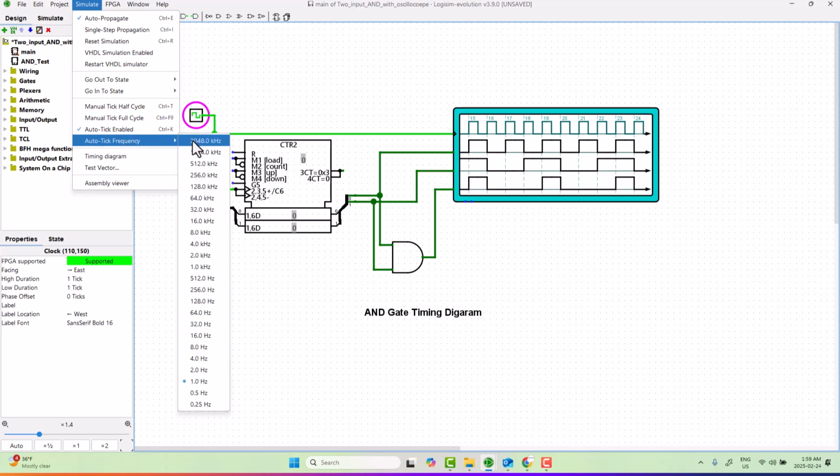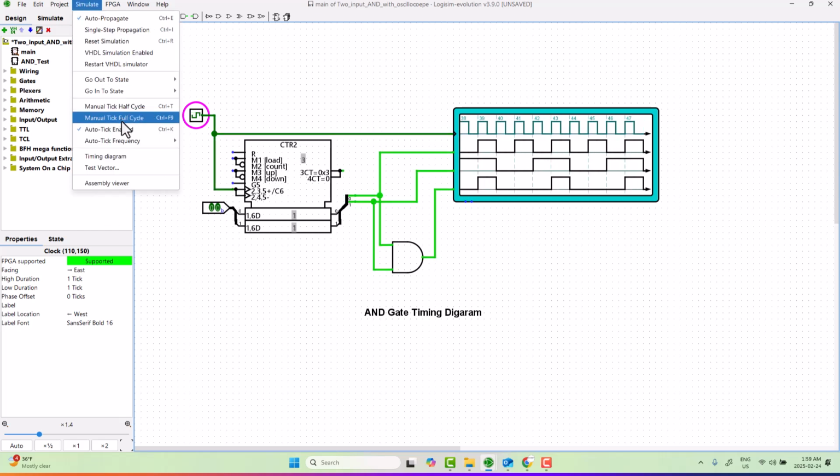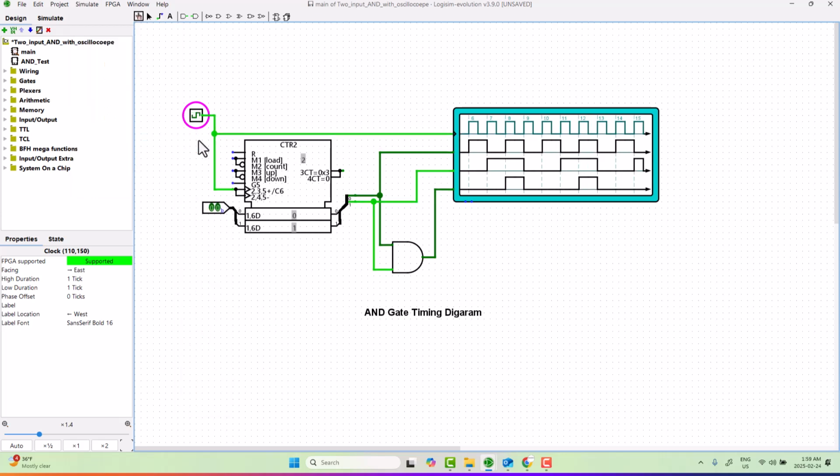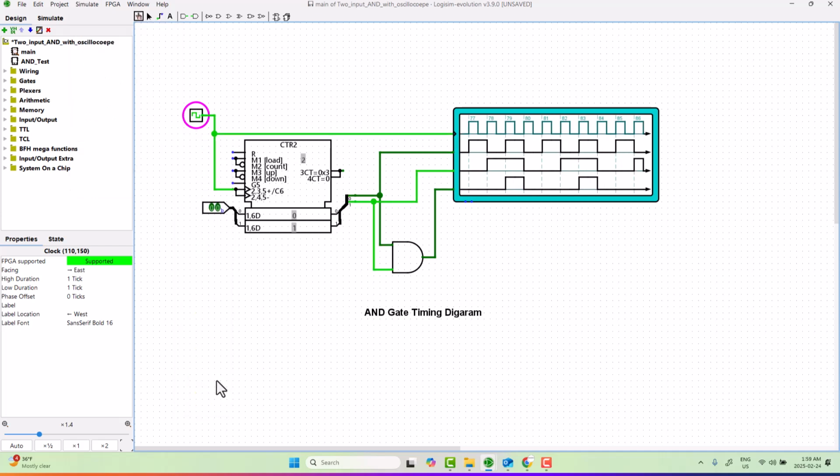The bigger the number, the faster they go. Here it is just 1 hertz, which is really slow, but I can make them faster. I can even make them go crazy fast like this. But it's a good idea to keep them reasonably fast so we can observe their behavior.